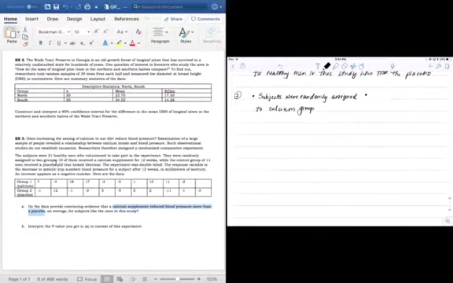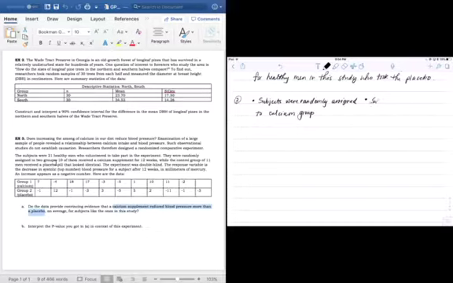And we can write the same thing for the other one. Subjects are randomly assigned to placebo. Okay, so that is coming straight off of the problem, right? It says they were randomly assigned into two groups. So we have random placement, or randomness in this case.